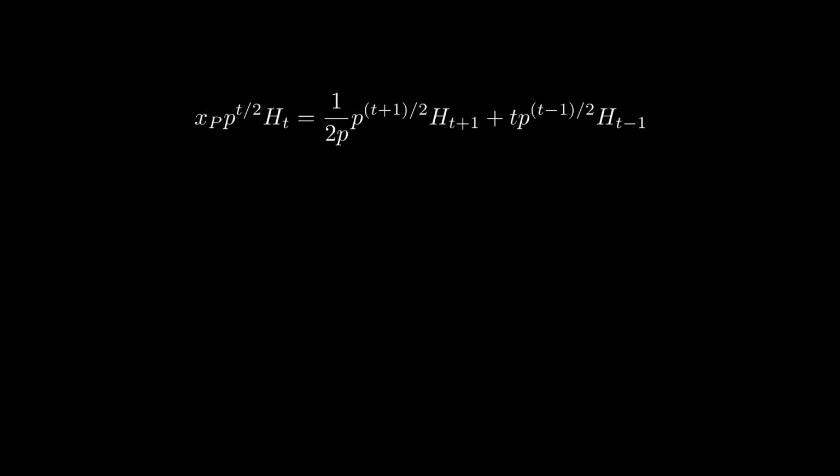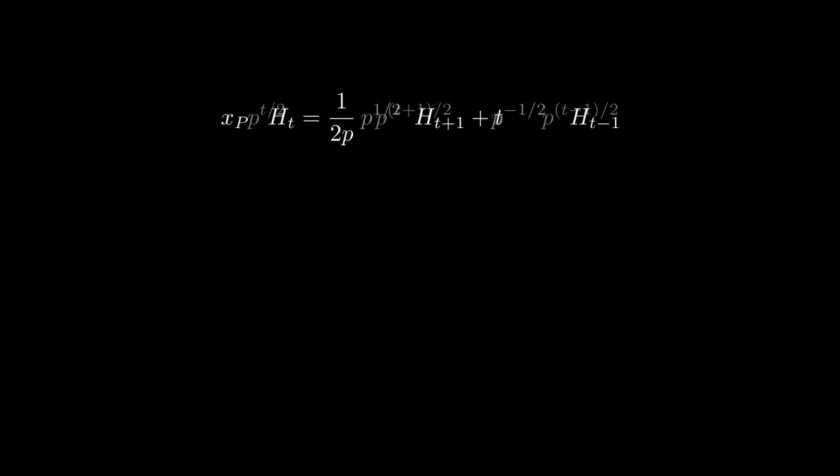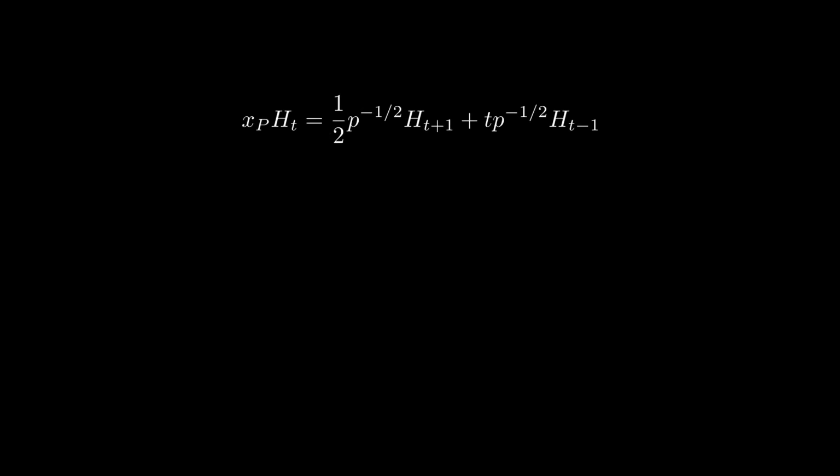To start with, we use the recursion relation for Hermite Gaussians and plug in our new functional form. The exponential terms cancel, as does p to the power of t half. Some more simplification and rearranging. This equation looks very much like Hermite's differential equation.